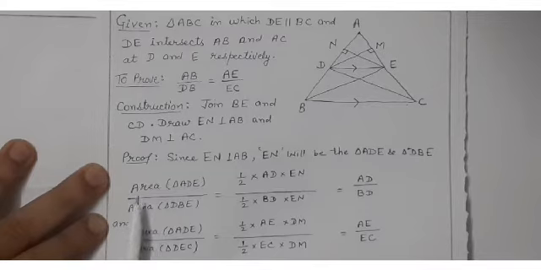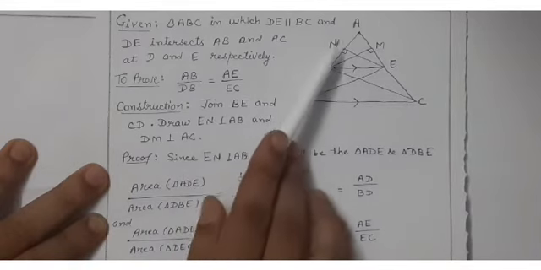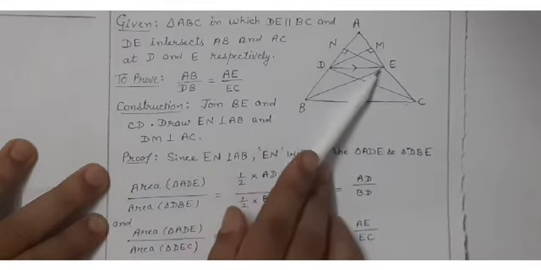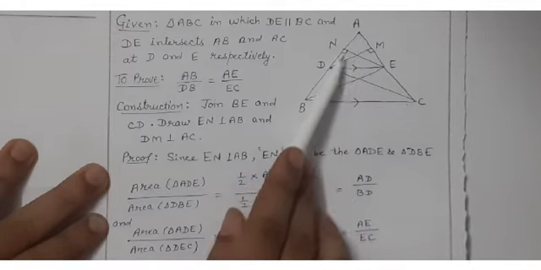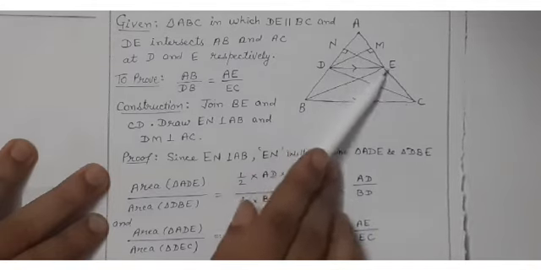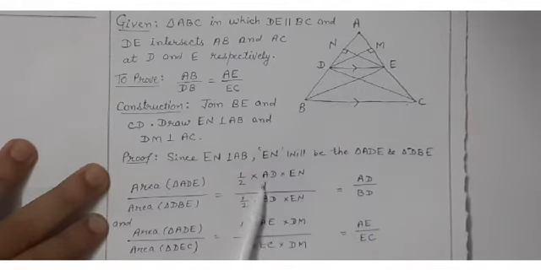Okay, now what I am going to do is find the area of triangle ADE. The area of a triangle is half base into altitude. In triangle ADE, AD is the base and altitude is EN. So half base into height.